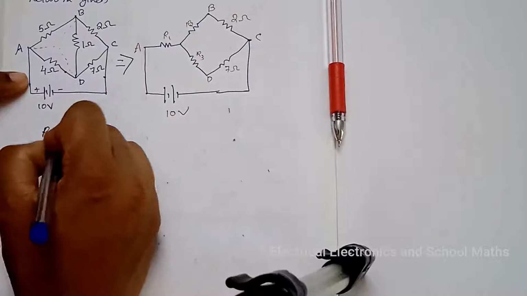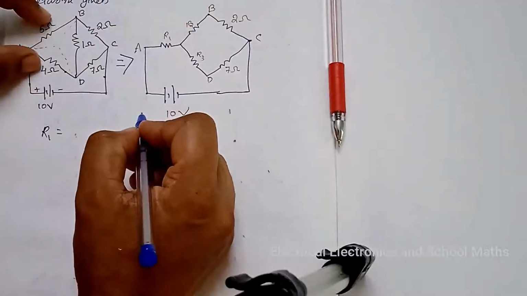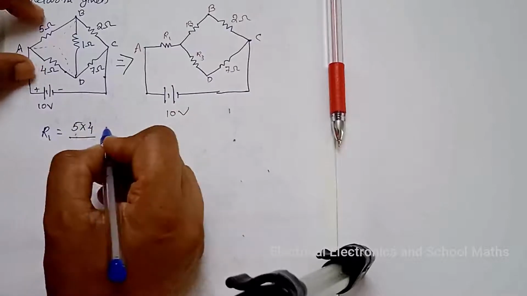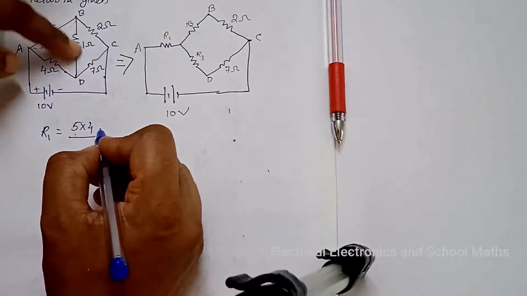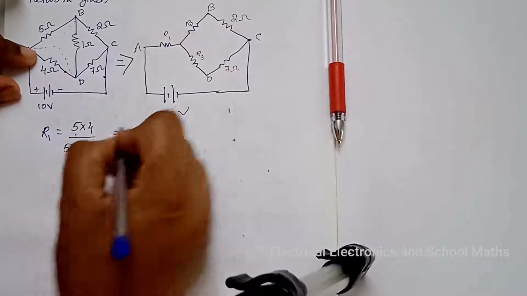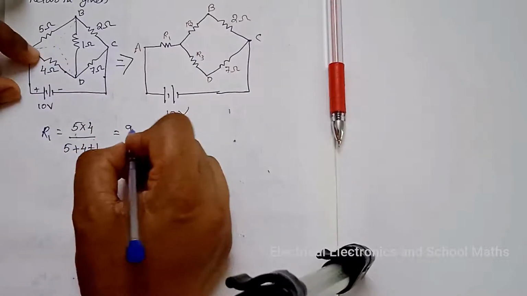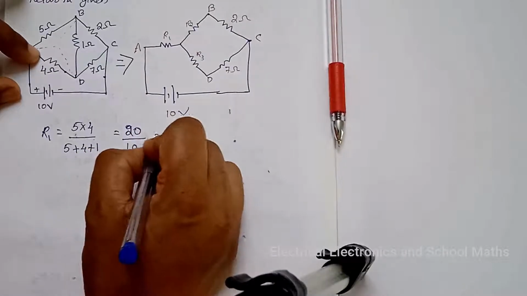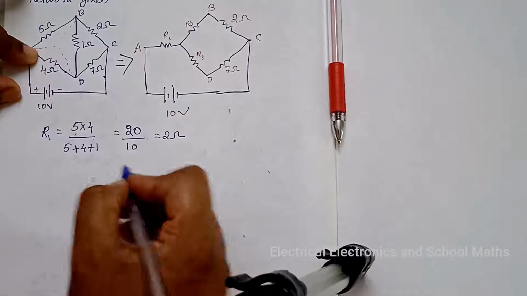R1 will be equal to the product of these two resistors, that is 5 into 4 divided by the sum of the resistors in the delta connection. 5 plus 4 plus 1 equal to 20 divided by 10 equal to 2 ohm.